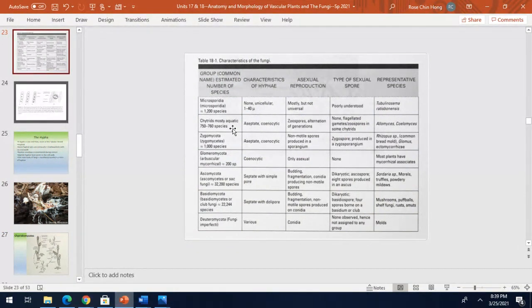And they reproduce asexually with zoospores, and they have alternation of generations. The spores could be nonmotile, or they could have gametes or zoospores that have flagella in some of the chytrids. Our example is Allomyces, and I'll show you some pictures I have taken in the lab of slides of Allomyces that we have prepared.